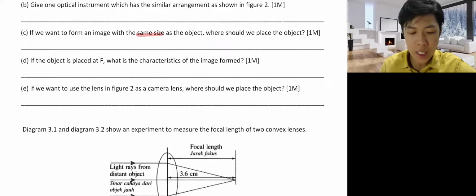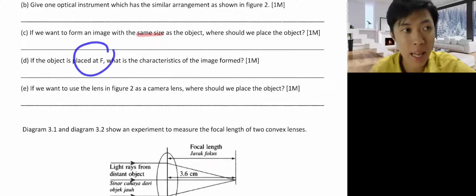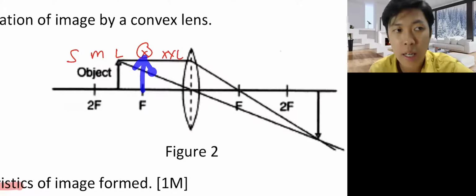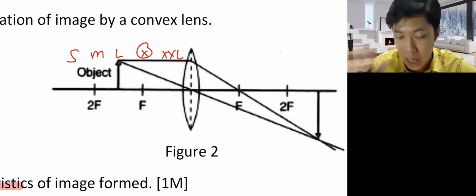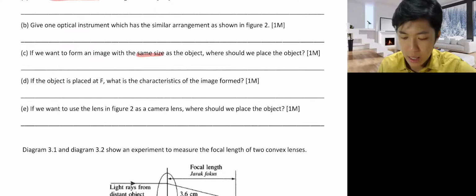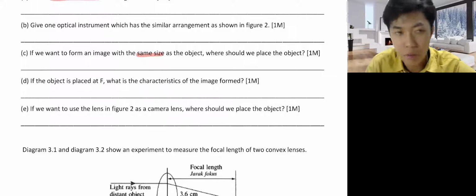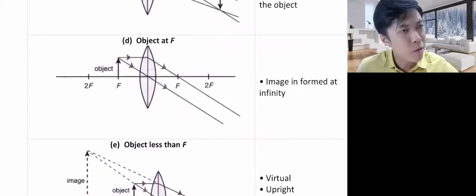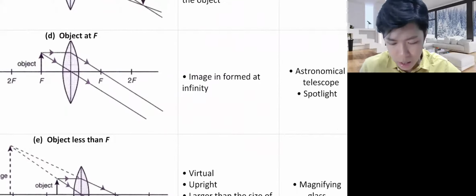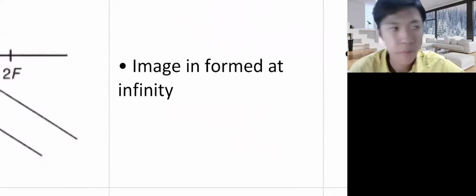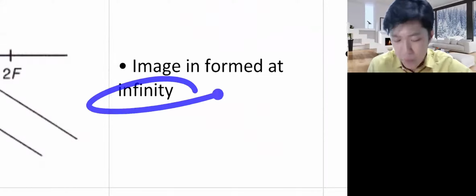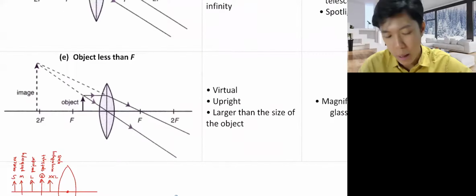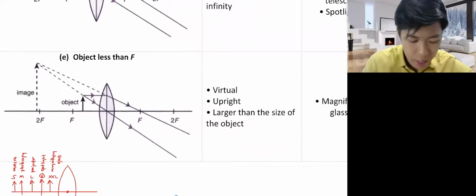Question D. If object is placed at F, like F is here, no size one, what are the characteristics of the image? Okay, what do we call that again? On F is... infinity. Virtual is for the next one actually, less than F. Wait, let me check again.